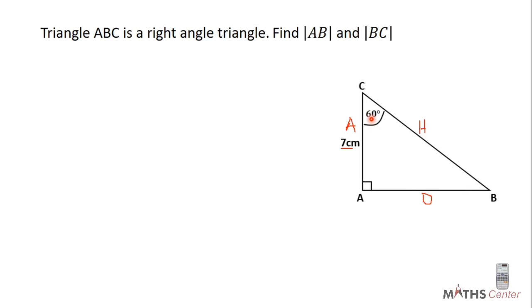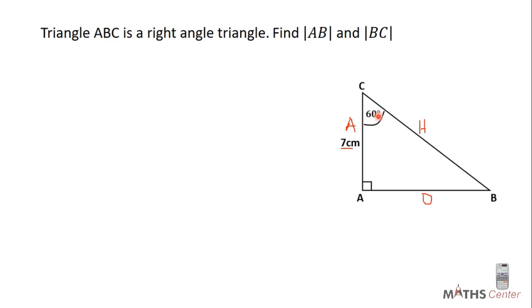We know that if you have opposite and adjacent, the trig ratio you have to use is tan. Remember that we are concentrating on AB. From there, we will come to BC. So considering 60 degrees, AB is opposite, AC is adjacent.